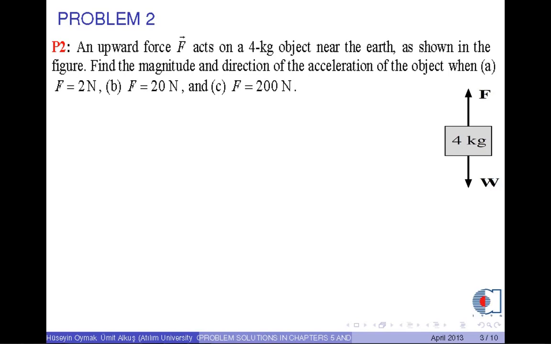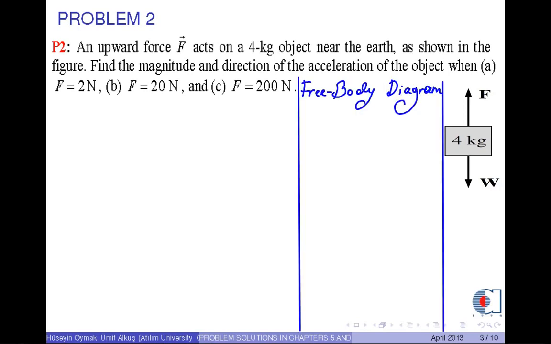First, we draw the free body diagram. The object is represented by a point. The external forces acting on the object are illustrated one by one.